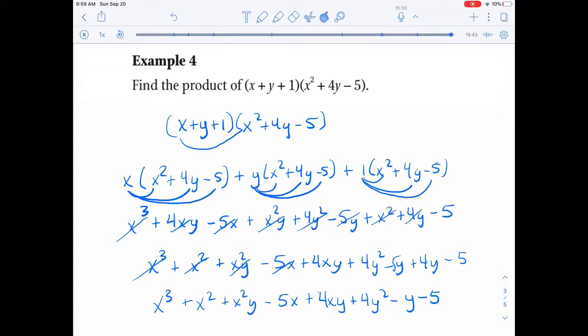So our final expression is x cubed plus x squared y minus 5x plus 4xy plus 4y squared minus y minus 5.